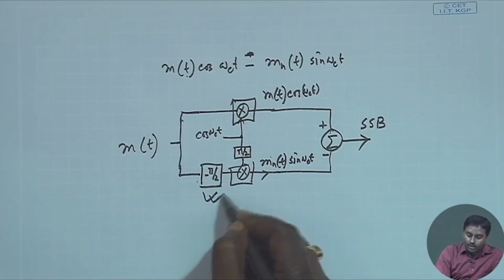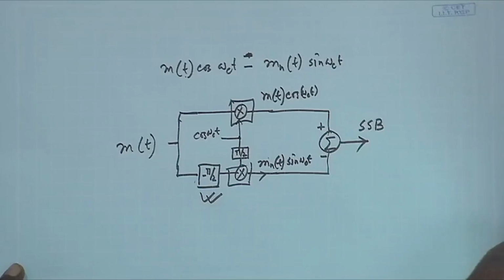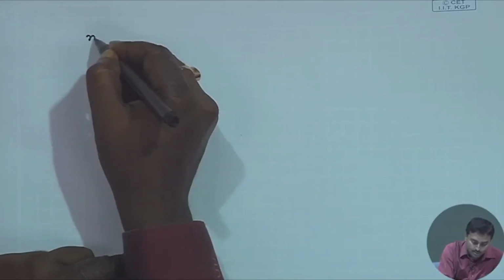But we have already talked about this pi by 2 phase shift for each frequency, which is a very hard circuit to realize. Can we get some other circuitry which can do this? So I will give the practical circuitry that was proposed by Weaver. It looks like this. You have m(t).